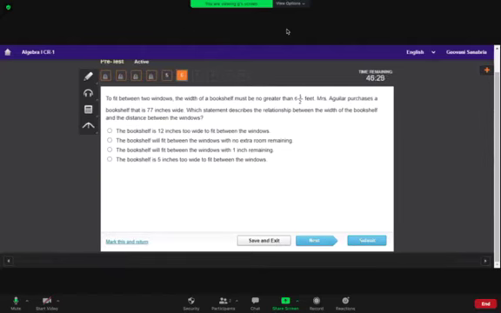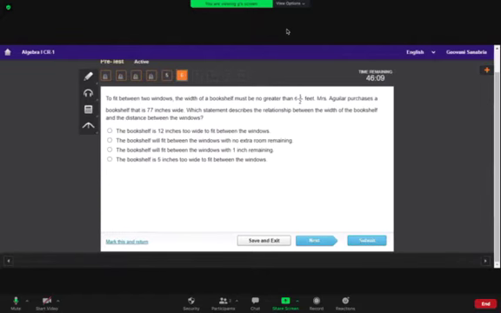The bookshelf is 6.41 feet, right? And the two windows are 6.5 feet, so it's going to fit. So it's either B or C.